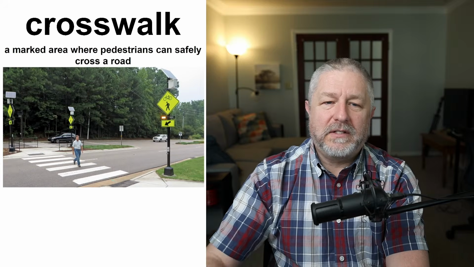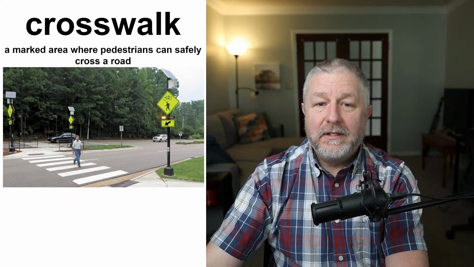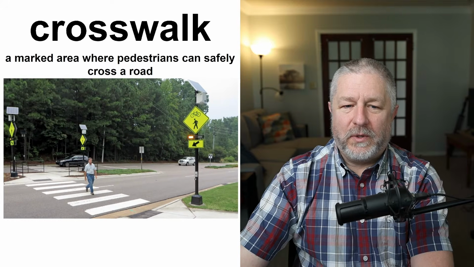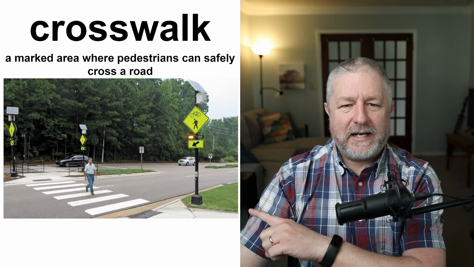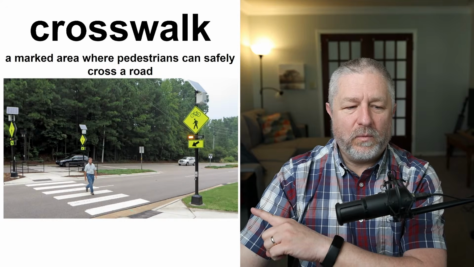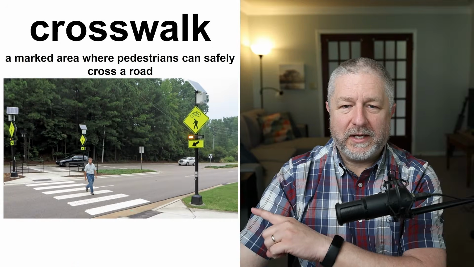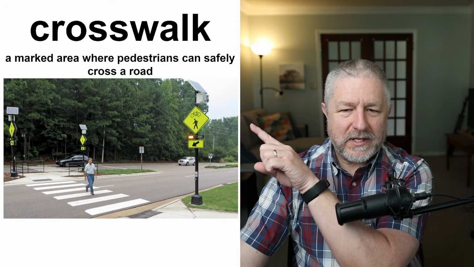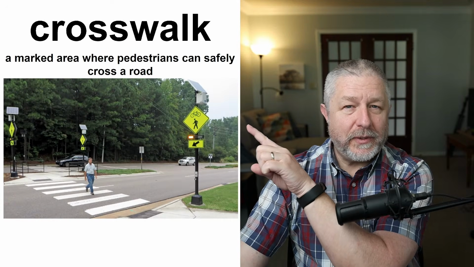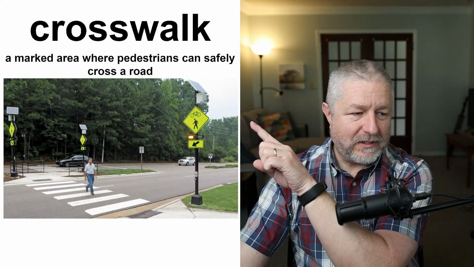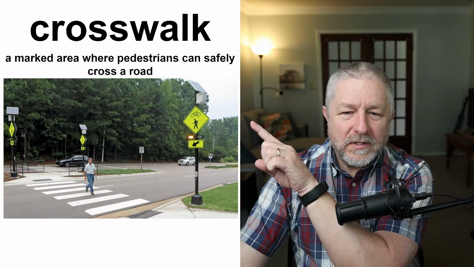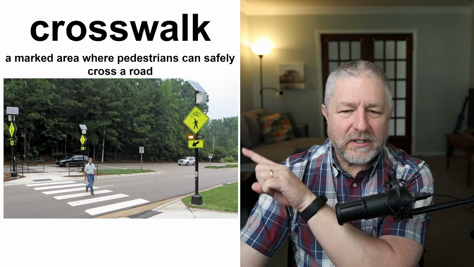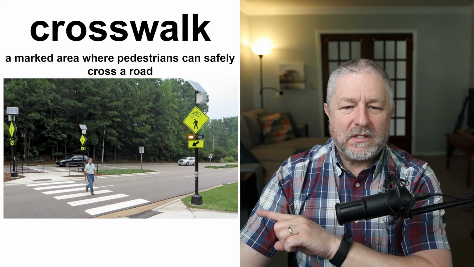Crosswalk, a marked area where pedestrians can safely cross a road. So you can see this gentleman here walking. He is at a crosswalk marked with the white lines. Ooh, that's a little too big. And you can see there's actually a sign here, a street sign, which I'll talk about later in the lesson, where it's indicating that both cyclists and pedestrians are allowed to use this crosswalk.